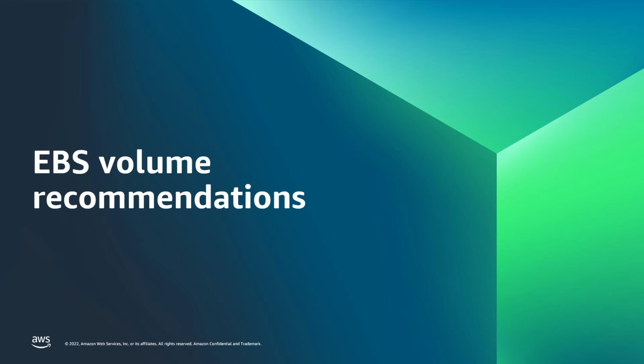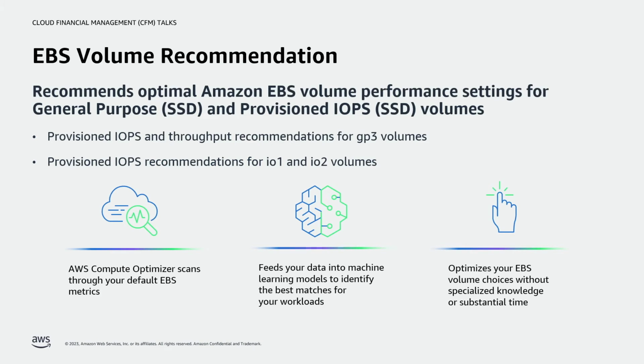EBS volume recommendations, this is storage. Now, this is important to us because storage is a fairly large part of a lot of organizations' cloud bill. There's a lot of great opportunities out there to optimize your storage. And my personal favorite part of storage optimization is you don't have to take any downtime, which is phenomenal because you're in the situation where it can be very difficult sometimes to schedule maintenance windows or talk to different engineering teams to execute right-sizing recommendations.